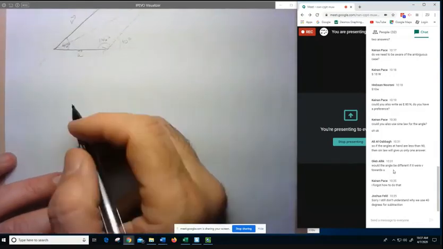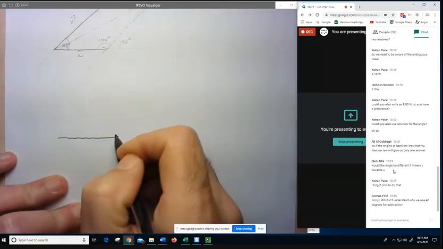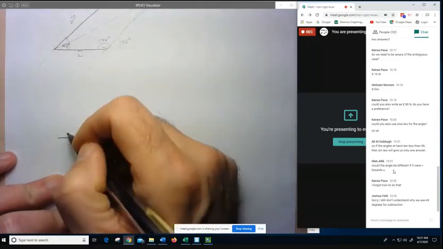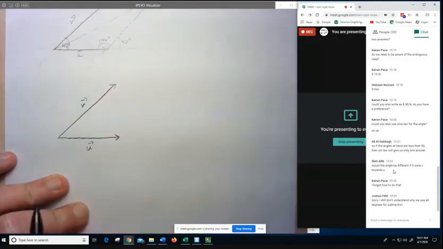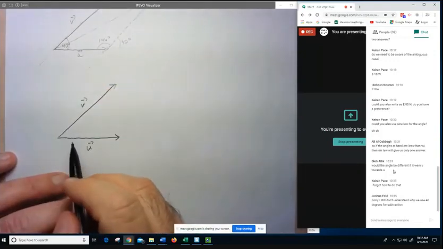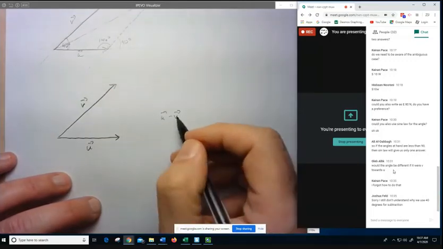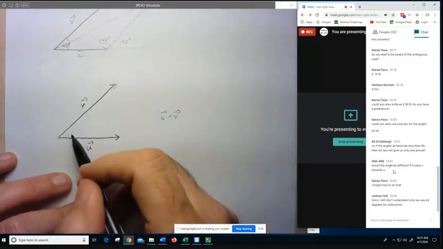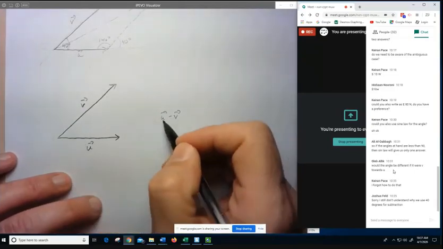Now the other question is, Josh, on why we use the 40 degrees for subtraction. So let's review that here. So here's my two vectors, U and V. Now I want to subtract the two vectors. So what is the vector U minus V? We saw that the vector U minus V, when the vectors are placed tail to tail, goes from the tip of the second to the tip of the first.